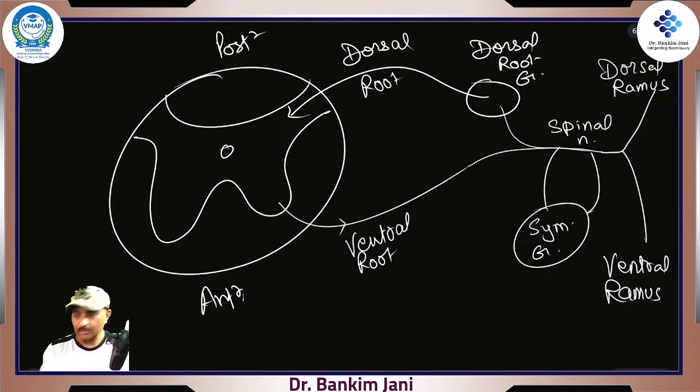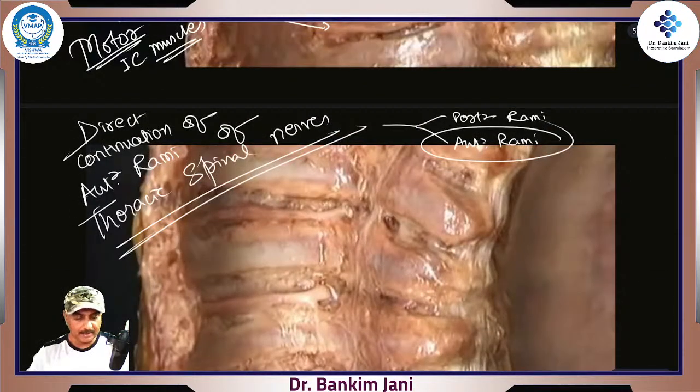That ventral ramus or the anterior ramus is what we are talking about, that it is the direct continuation of anterior rami of thoracic spinal nerves.